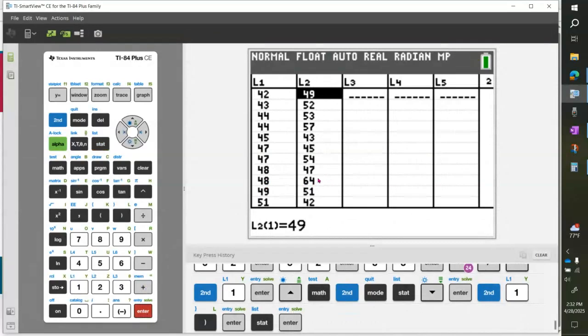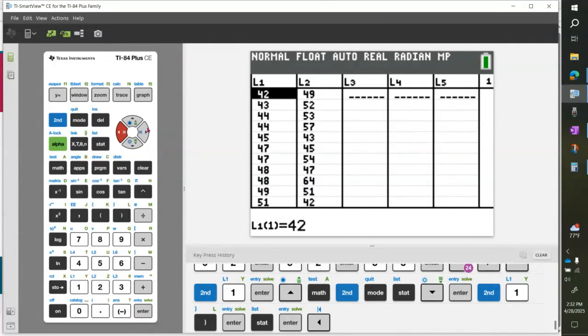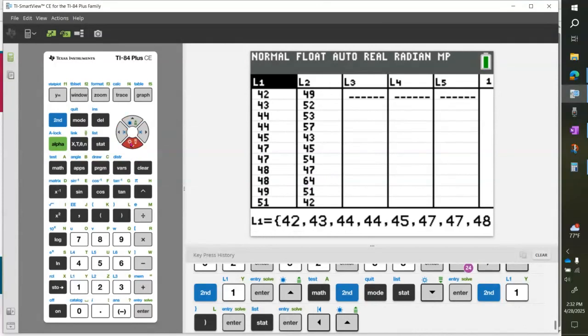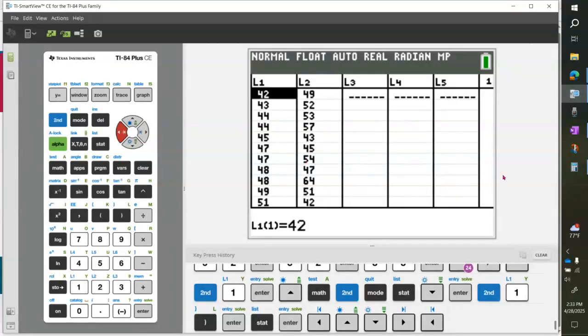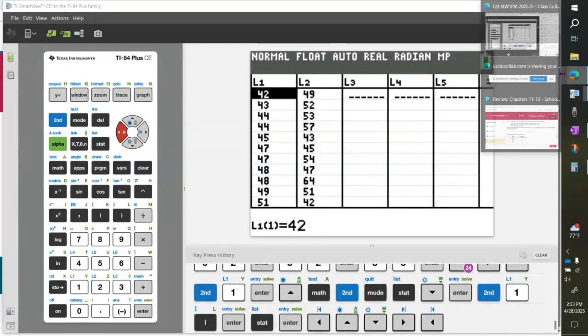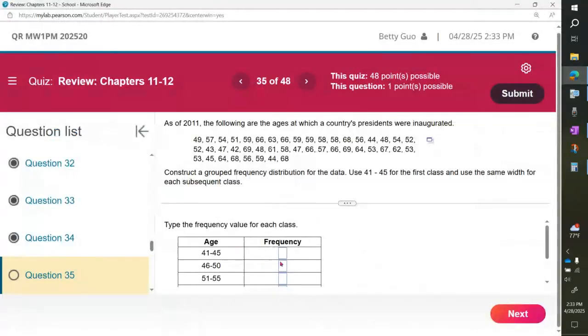Look at L1, it is sorted. Okay, guys, L1 is sorted. L2 is the original values I entered. So L1 is sorted. This will help us see how many values are in each class.